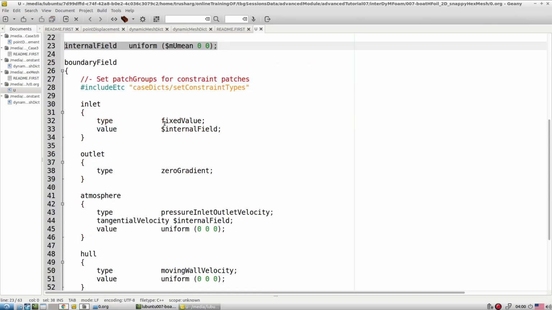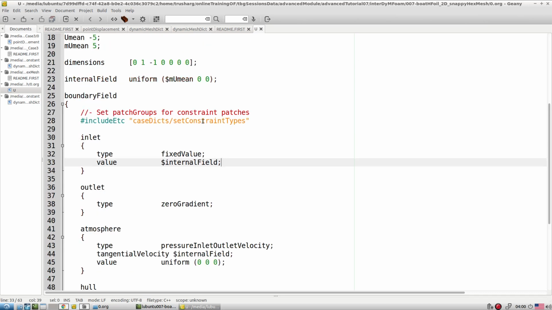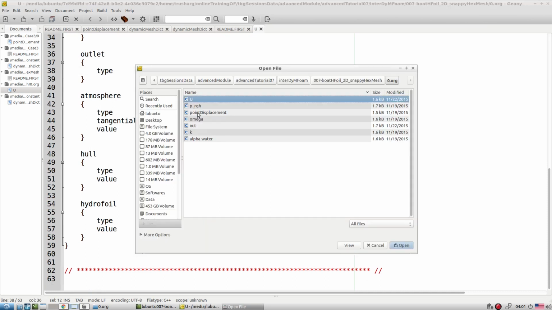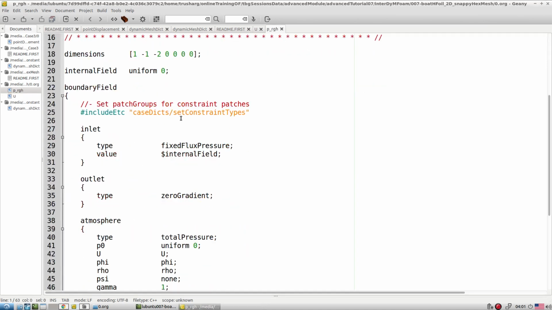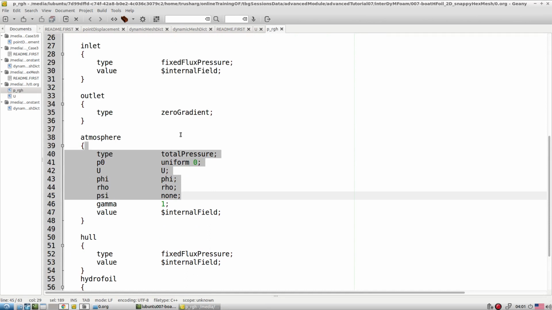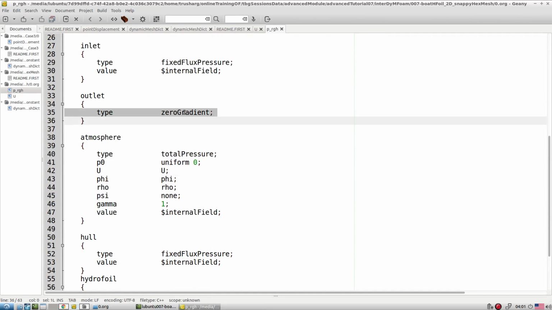Then we say calculate with the internal field. It is always in one direction, always entering with 5 meters per second as the velocity, by fixing the velocity. On the outlet we have zero gradient, then on the pressure side atmospheric total pressure, and on the outlet zero gradient.